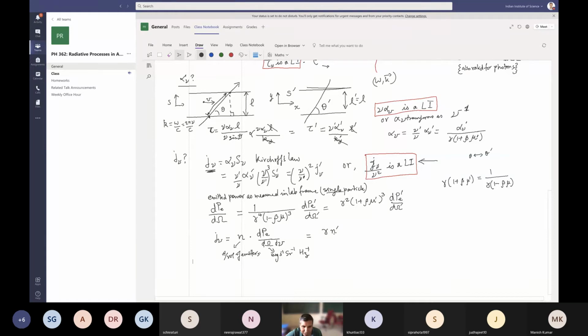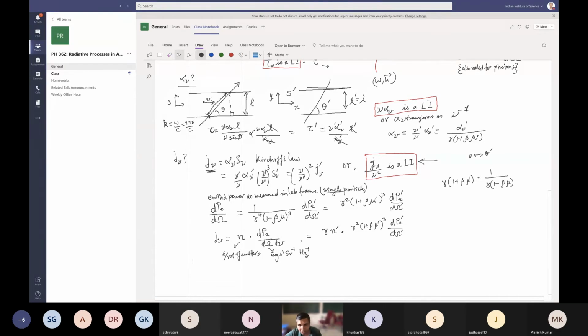If n prime is the number density of emitters in the rest frame of emitters, then gamma n prime is the number density as measured in the moving frame. Okay, this is clear. Times the dP d omega formula, which is gamma squared, 1 plus beta mu prime cube, dPe prime by d omega prime.